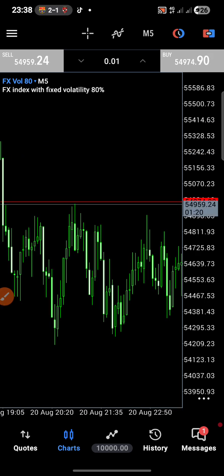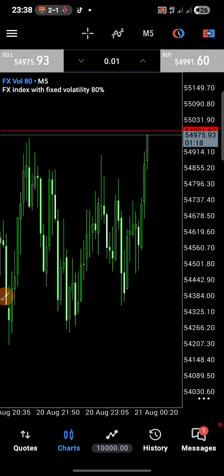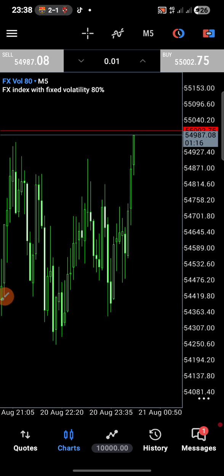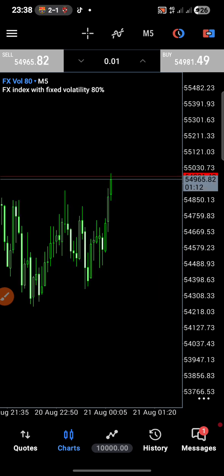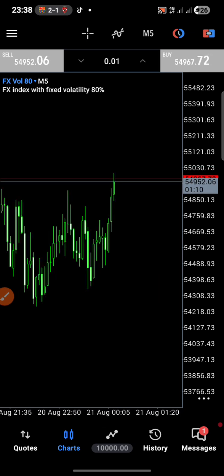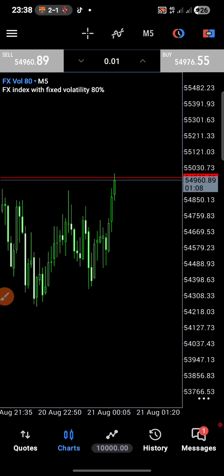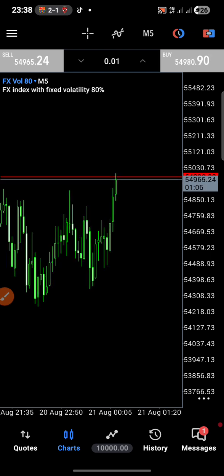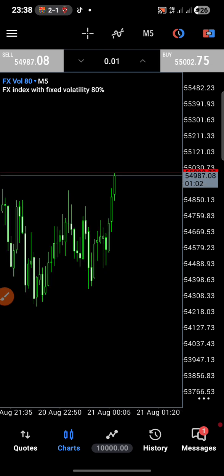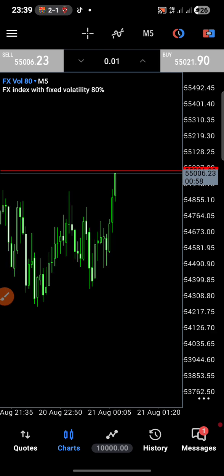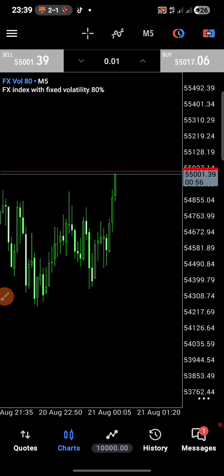So I have here a chart of FX480. This is one of many of the indices which are offered by World Trade. Basically, these indices are computer generated financial instruments which are designed to simulate or mimic certain market assets, or financial markets, in terms of the volatility and the pricing.